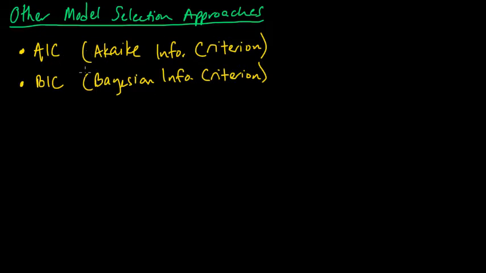So if a model has more parameters, the idea is that it's a more complex model, and it's more flexible. It can handle more different types of data, and so the model complexity is higher. And you should penalize models with more parameters so that they have to really make up for it in terms of how well they describe the data. So these penalize in terms of the number of parameters.